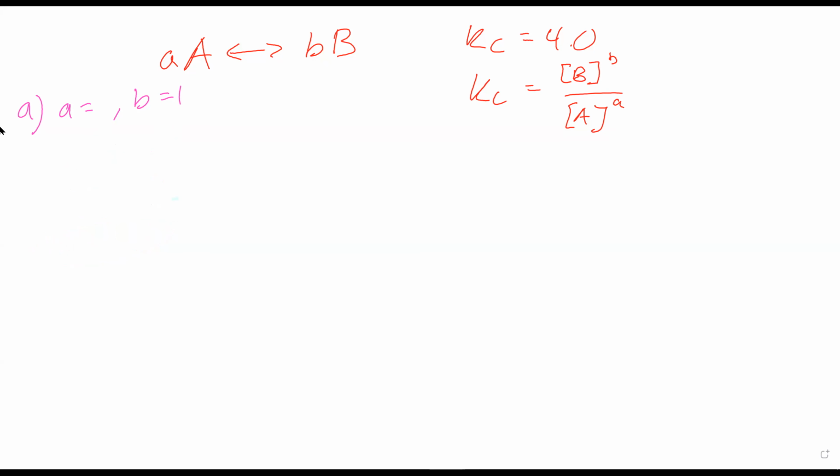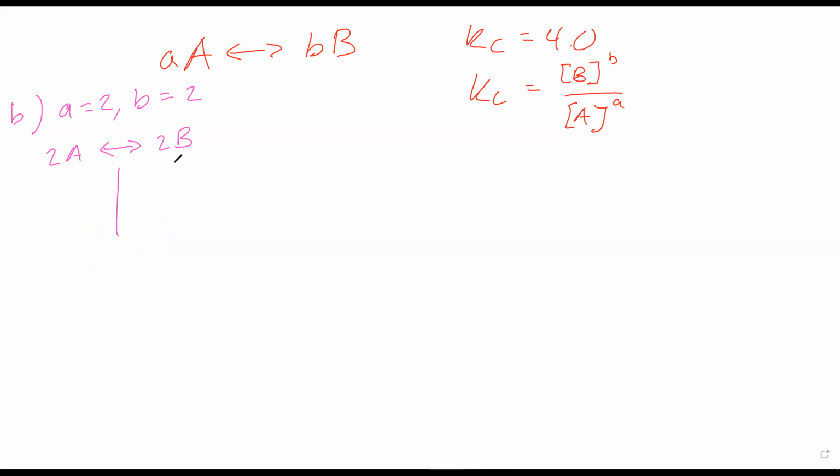And so now that we're doing part B, lowercase a is now 2, and lowercase b is now 2. So our new formula is going to be 2A in a reversible reaction with 2B.